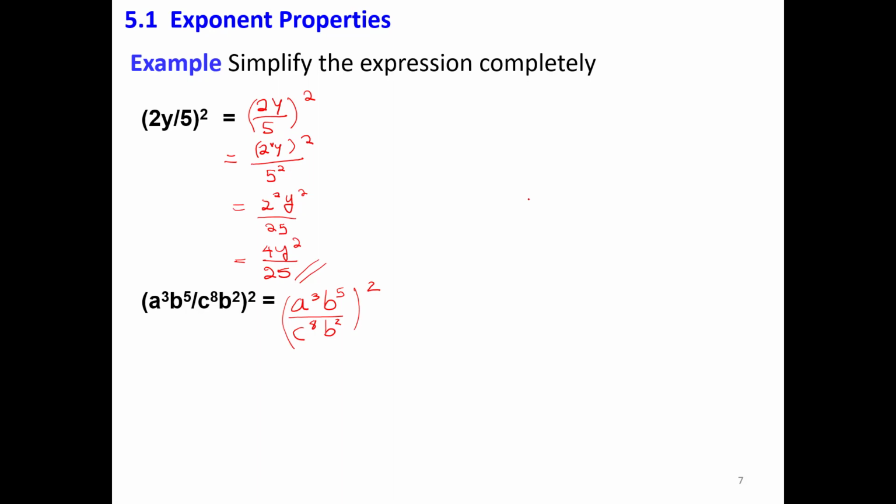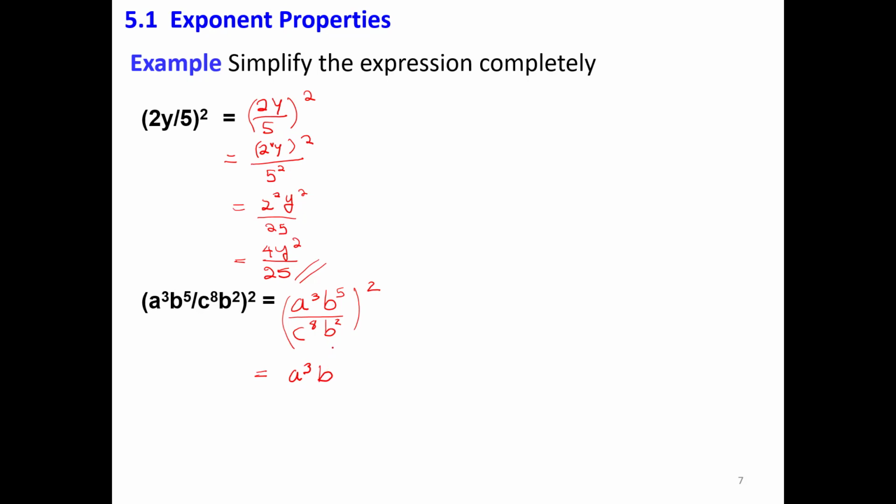Then in this case we had to apply two properties. We had to apply the quotient rule. We had to apply also the power of a power. And let's try to apply the quotient rule. Then we had A, we had C, but here we had the same base. Then we can apply the quotient rule. Then we had A, and let's do it with all the steps.